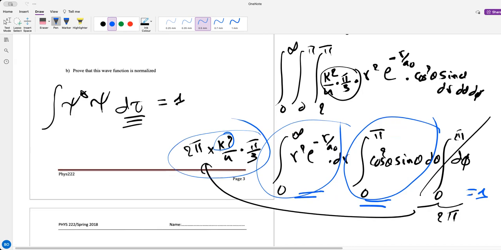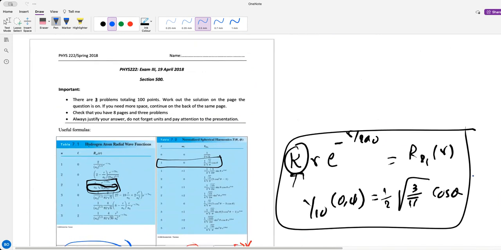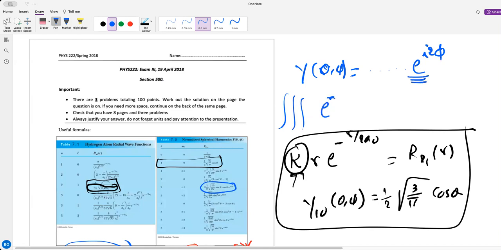One remark here is, if I give you a wave function that has, let's say, this kind of shape, for example, Y of theta and phi has something exponential i phi or i 2 phi. When you do the normalization condition, remember that this becomes negative exponential minus i 2 phi, and this remains the same, so they cancel each other.